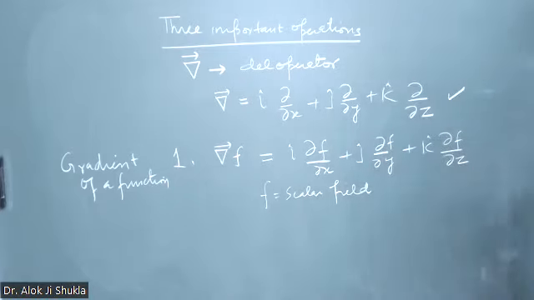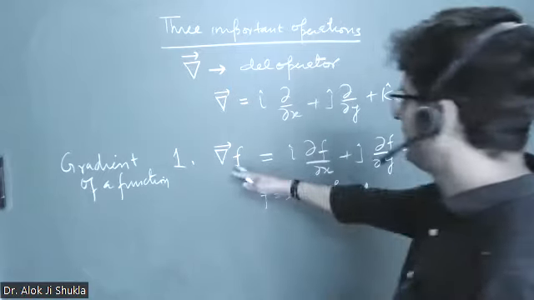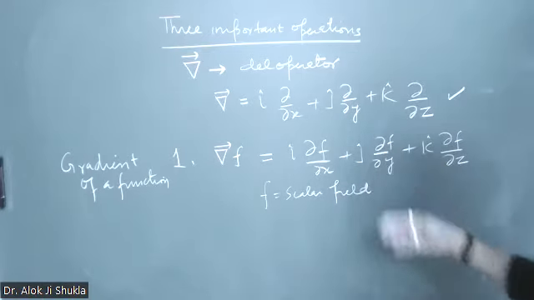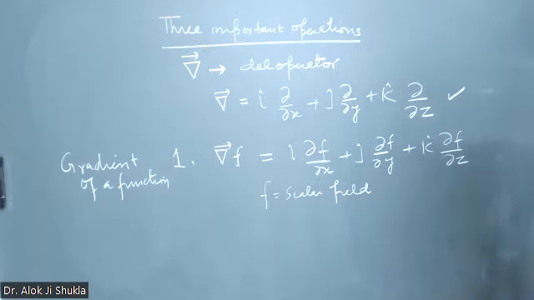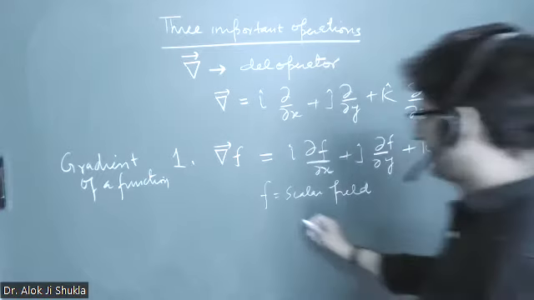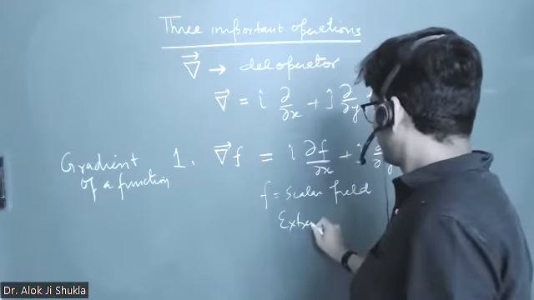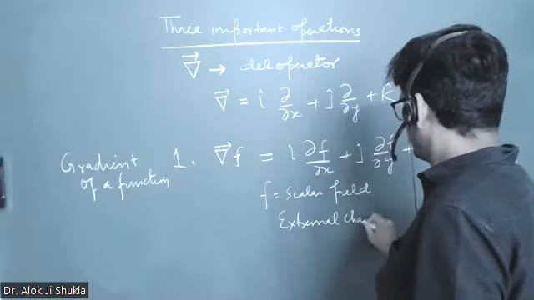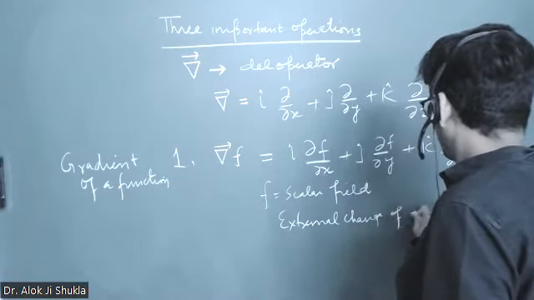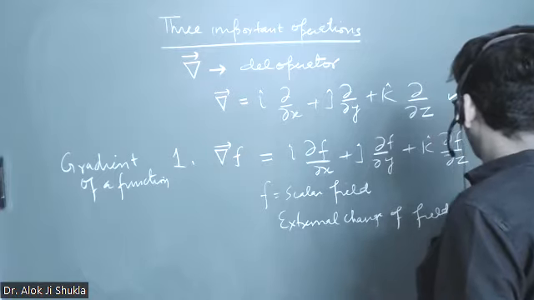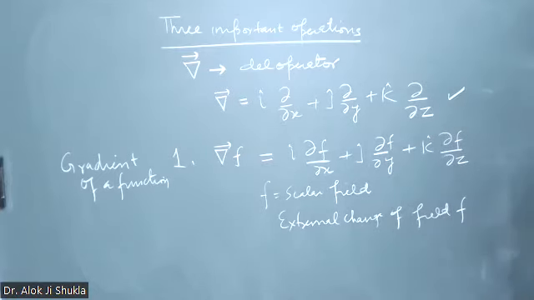Gradient of f represents the extremal change. This will be a vector quantity, and this vector will be in the direction of extremal change of the field f. Like if f is representing some mountain, grad of f will tell the direction in which the mountain is steepest.